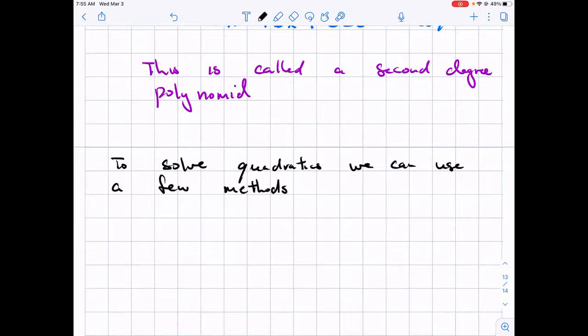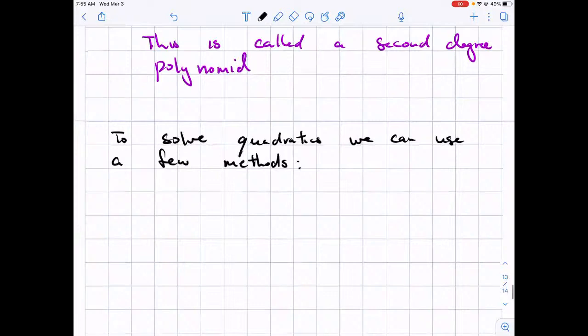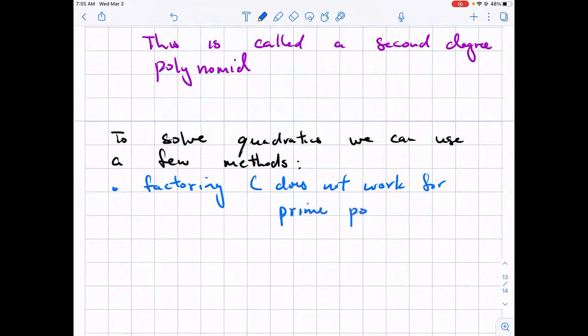Okay? One of these methods is called factoring. And this does not work for prime polynomials.